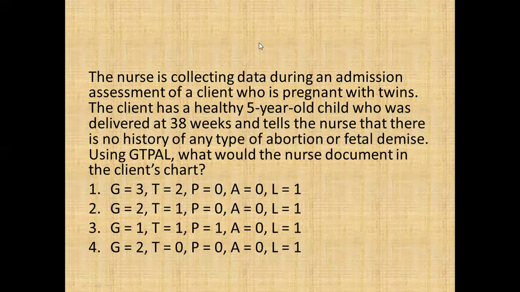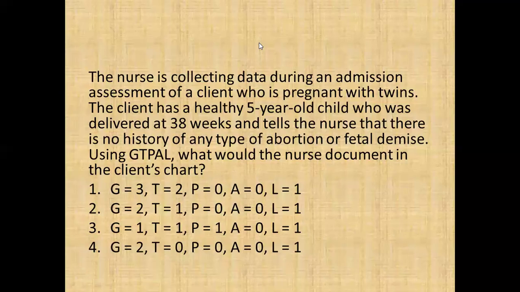Gravidity is the total number of pregnancies that a woman has had, including the current one. So if someone is currently pregnant and we say the person is gravida 3, it means the person has had 2 previous pregnancies and is currently pregnant. When you add all together, you get 3.